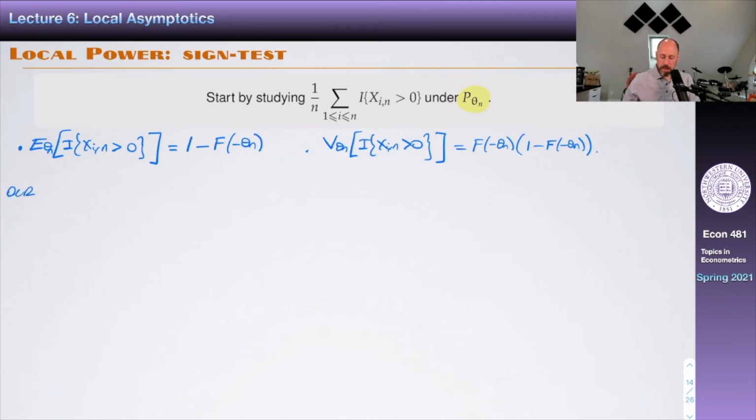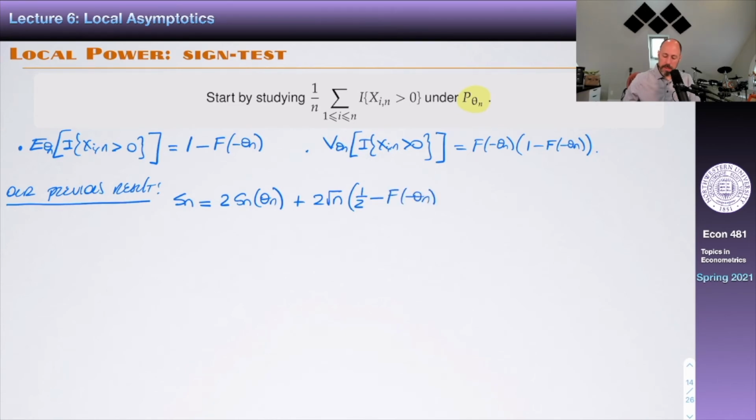And then our previous result, we know that S_n, which is the sign test statistic, was twice S_n(theta n) plus twice square root n times (1/2 minus F(negative theta n)).